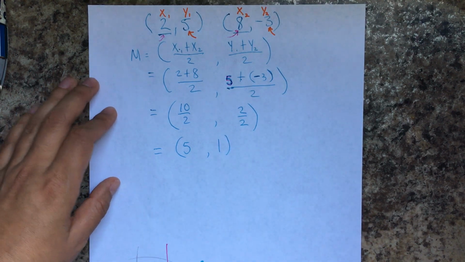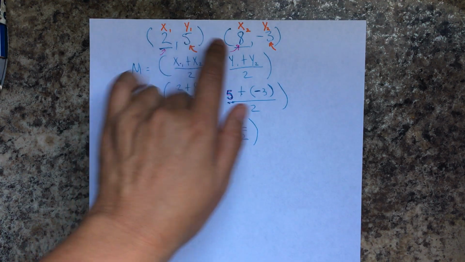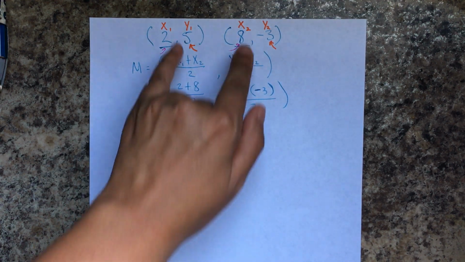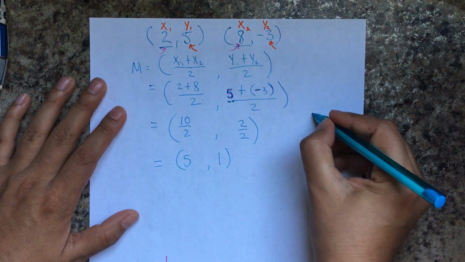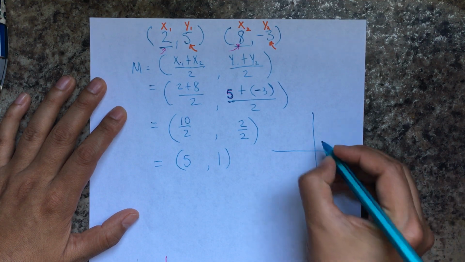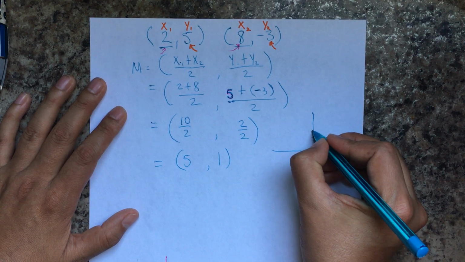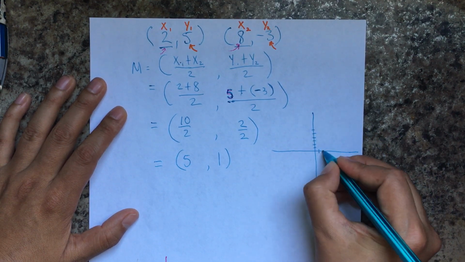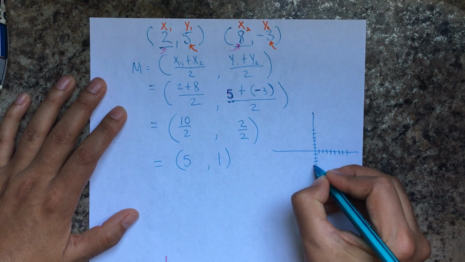And so this is going to be the midpoint of these two. So this is right in the middle of these 2 endpoints. So let me graph it. You don't have to do this part unless you really want to practice. But 1, 2, 3, 4, 5, 6, 1, 2, 3, 4, 5, 6, 7, 8. 1, 2, 3, 4.